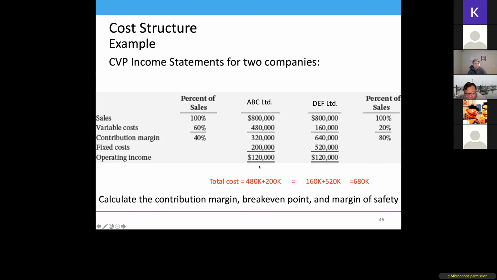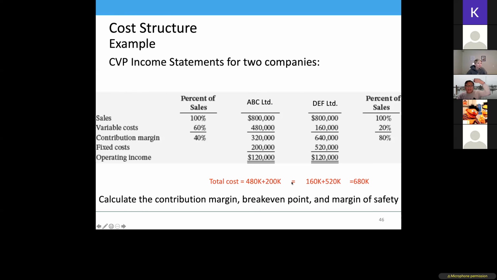For ABC, the variable cost is 480, and the fixed cost is 200. In total, that's 680. For DEF, they have 160 variable, but 520 fixed. So for DEF, they have more fixed cost. For ABC, they have more variable cost, but the total cost is the same.